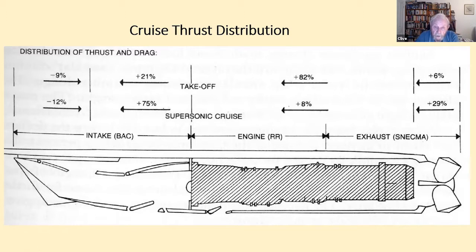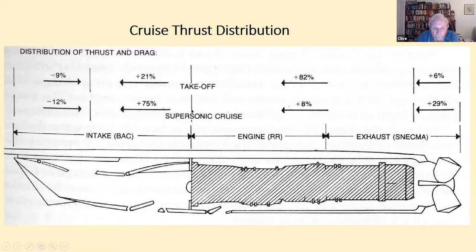When you get to cruise, however, the situation is quite different. And I should say it depends on the bookkeeping that you adopt. And in this one, certainly the poor old engine has taken all the ram drag. Nevertheless, the front part of the intake in cruise, where the supersonic compression goes on, produces about a 12% drag, if you like.